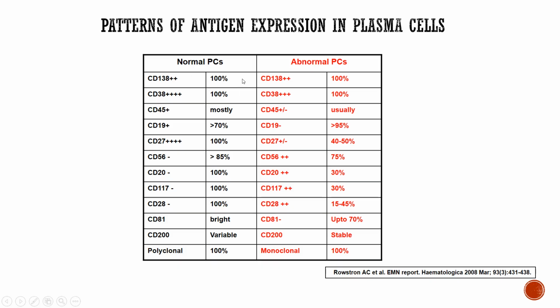That is our usual experience, especially in transported samples. So that's why you have to use a combination of CD138, 38, and 45 to identify plasma cells. And how, we will discuss in the live analysis.